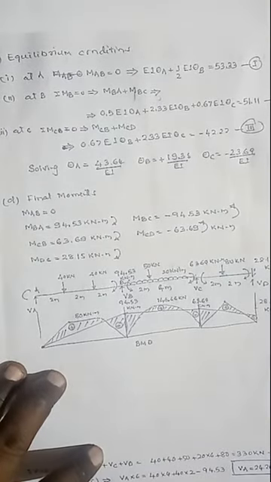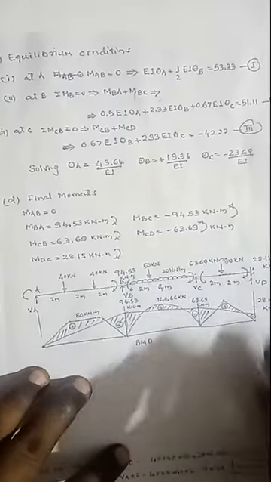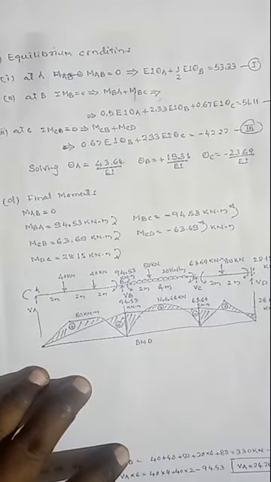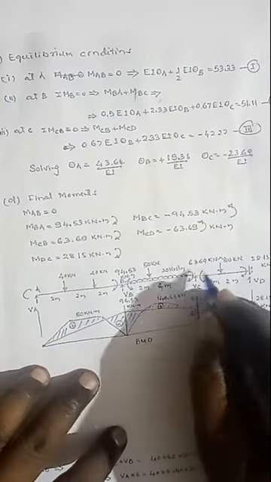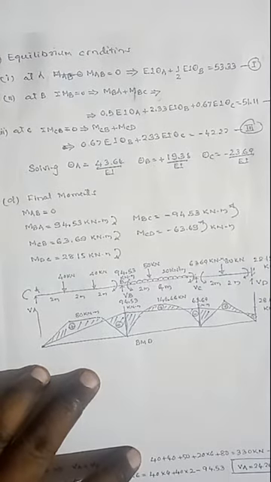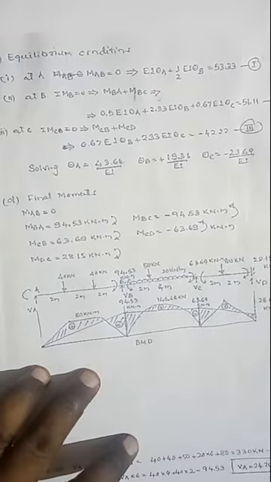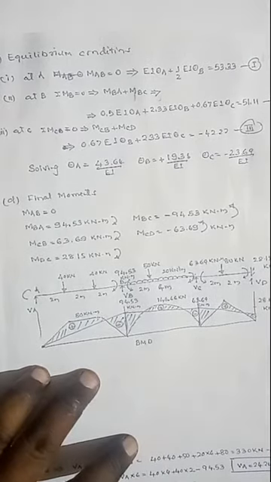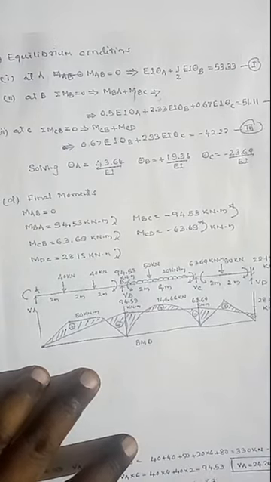Then VD into the moment, that one is anti-clockwise moment due to VD, equals, here these moments are clockwise moments, that is 28.15, that is the support moment, plus this one is also clockwise, that is 80 into 2, and this one is anti-clockwise, then that one is 63.69.